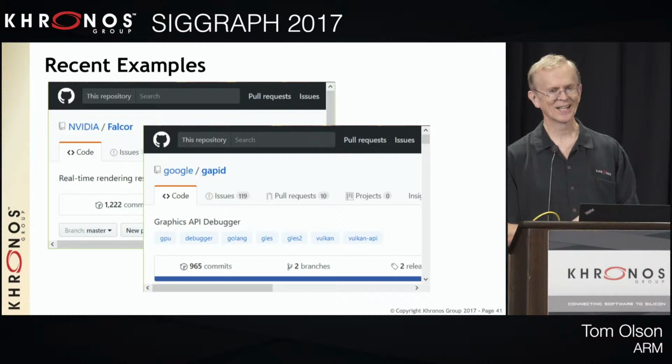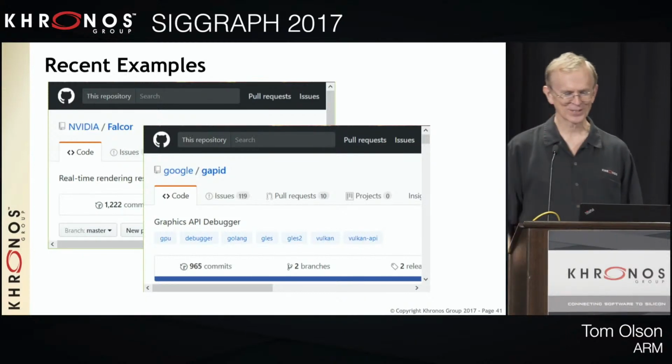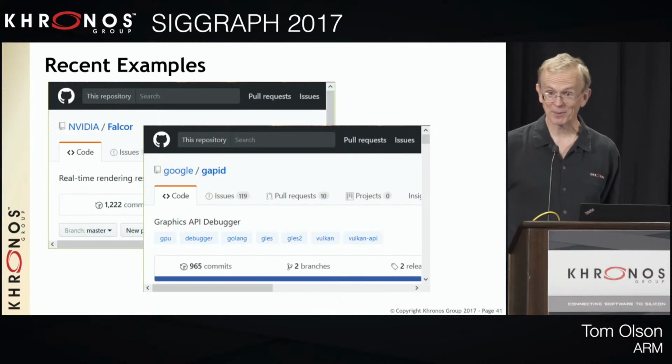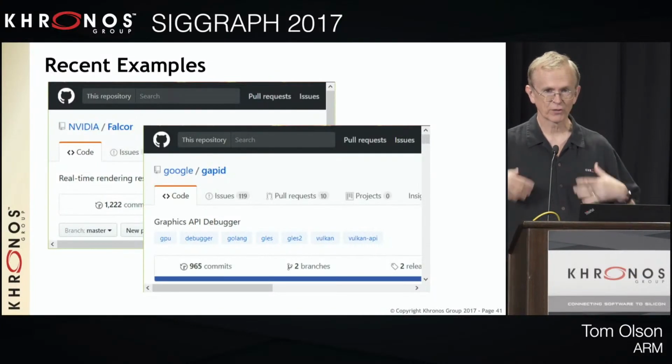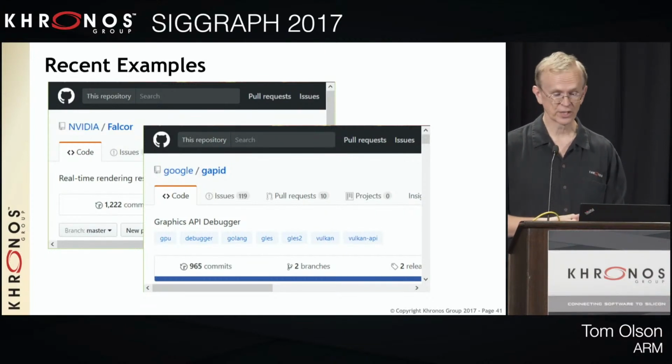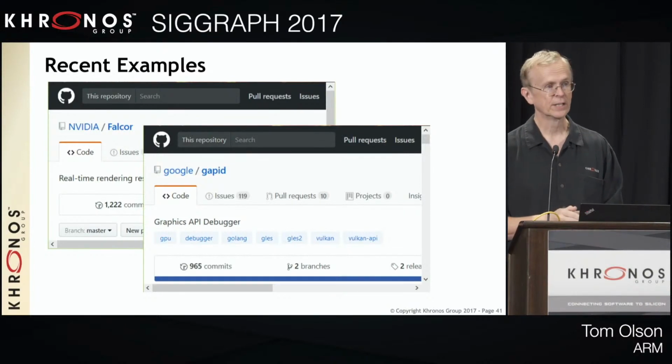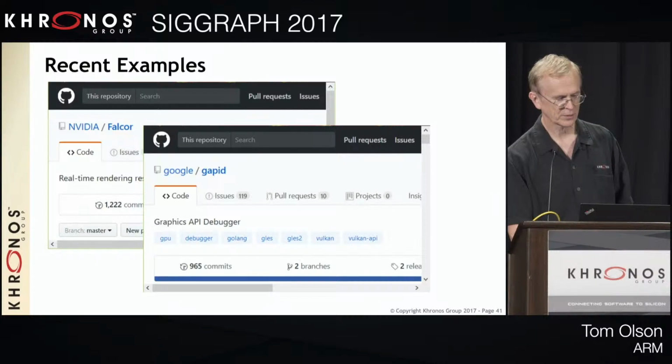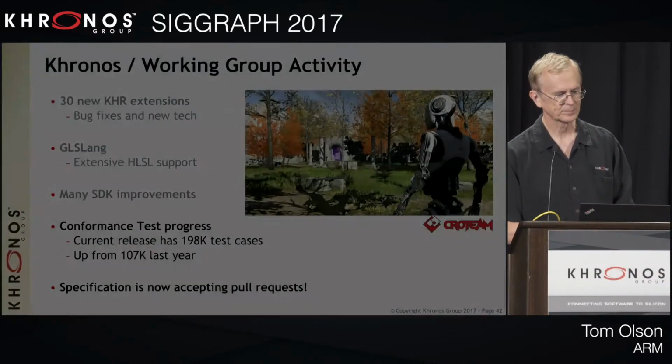It's GAPID? Okay, the Google guys are saying. So GAPID is a new debugger focused on Android, but it handles all of the Android graphics APIs, so GLES, GLES2, and Vulkan, and has a number of awesome features, but I'm behind schedule, so I'm not going to talk about them, but ask us later.